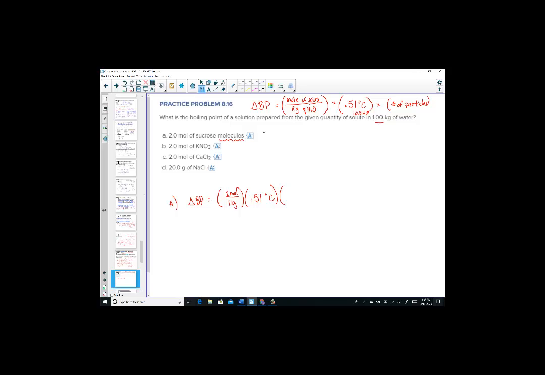That's a big clue, isn't it? Even if you didn't know its chemical formula by heart, it gave you a big clue right here. Molecules do not dissociate. Molecules are made of nonmetals covalently bonded. So the number of particles for any molecule is simply 1. They do not separate.